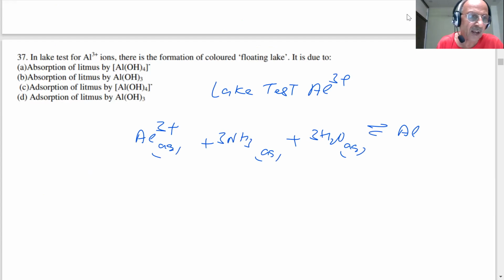It is forming Al(OH)3 solid and ammonium ion, aqueous.